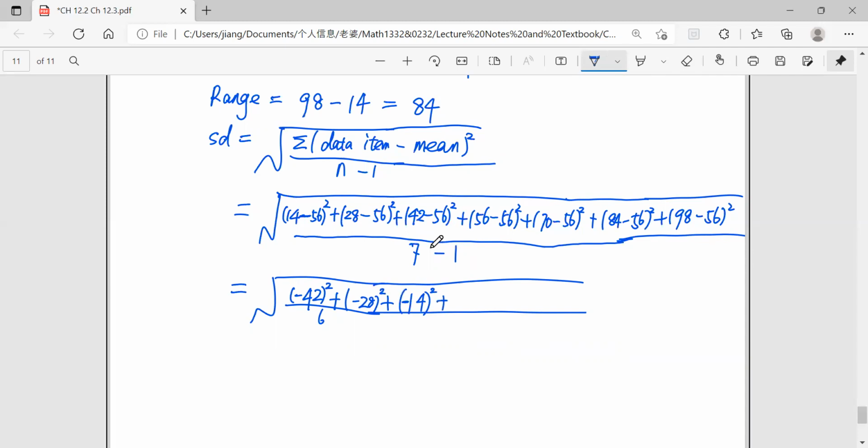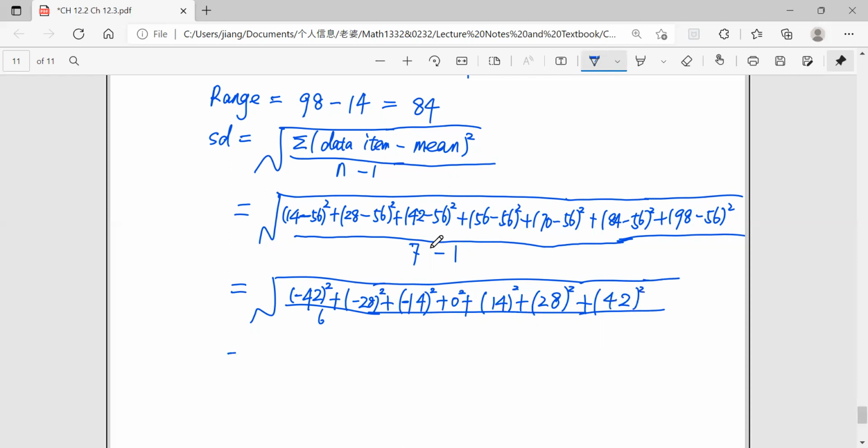And then the next one is 0 because 56 minus 56 is 0, and 0 squared is 0. Plus 70 minus 56 is 14 squared. Plus 84 minus 56 is 28 squared. And then plus 98 minus 56, that's 42 squared.